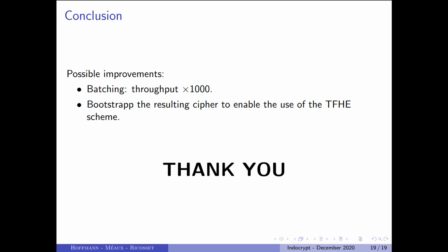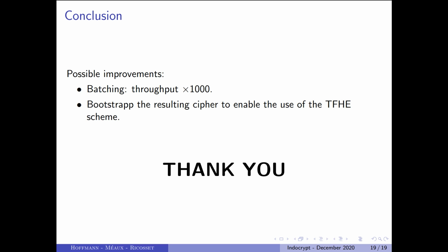To conclude, in this work, we implemented for the first time a transciphering using third generation homomorphic encryption. We also implemented new filters for FiLIP, because in the previous implementation only DSM filters were implemented. We ended up with good latency. We could still improve the throughput by batching our messages.